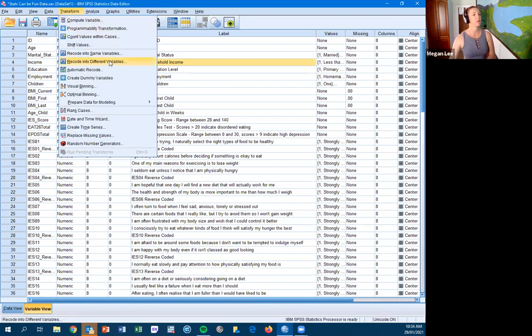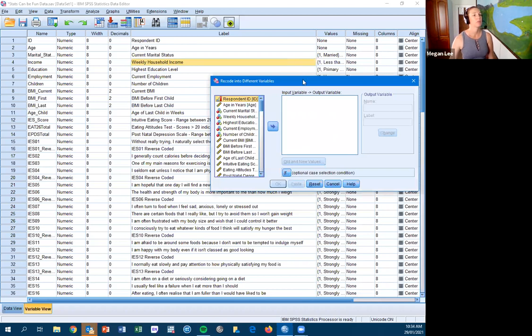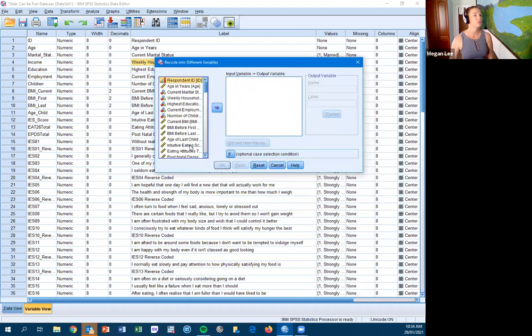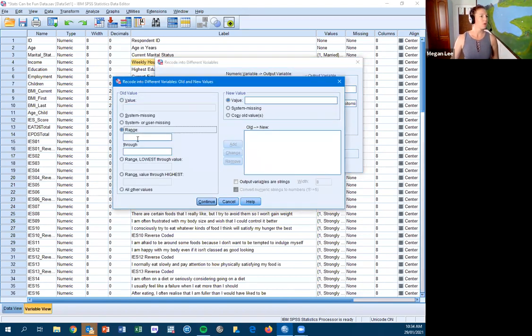recode into different variables. We find our variable for intuitive eating and rename it intuitive eating dichotomized. We go into old and new values and choose range.